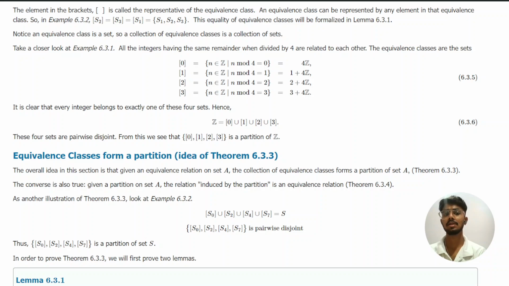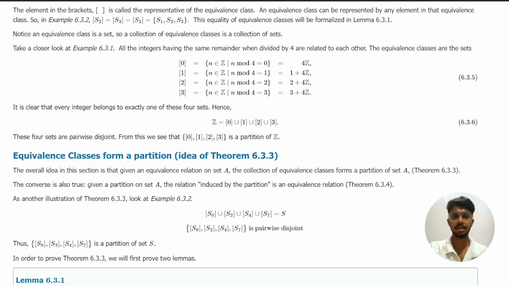So, in example 6.3.2, [S2] equals [S3] equals [S1], which is the set {S1, S2, S3}. This equality of equivalence classes must be formalized in Lemma 6.3.3.1. Notice an equivalence class is a set, so a collection of equivalence classes is a collection of sets.